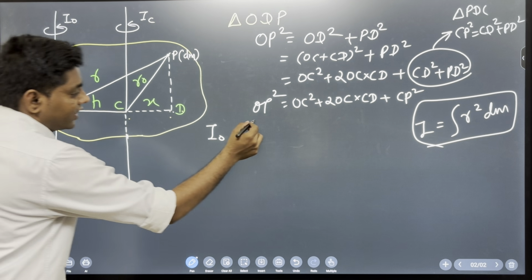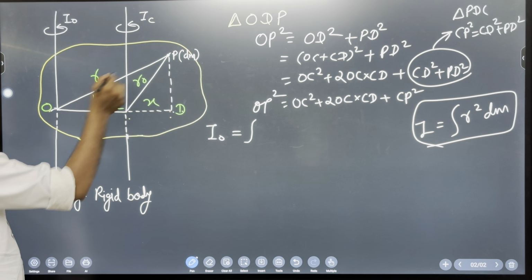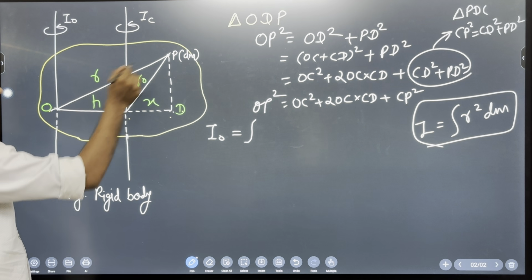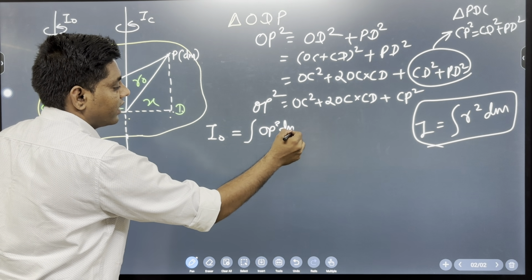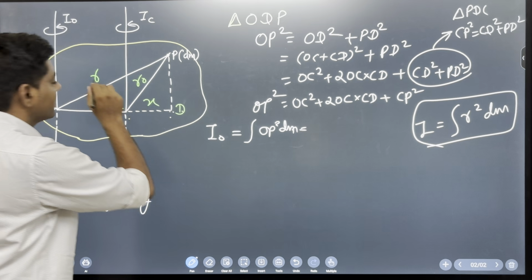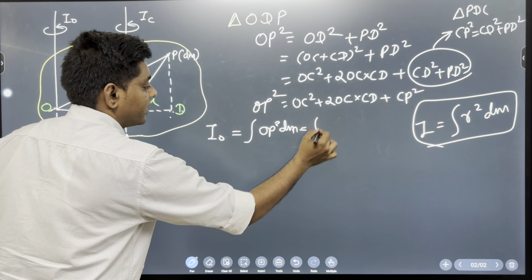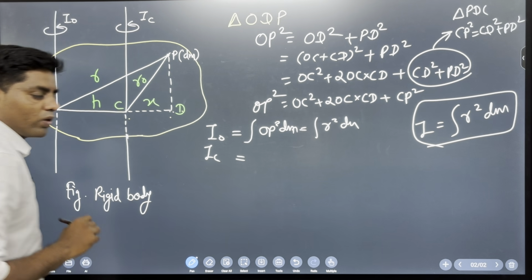So integration R square means the distance from that axis point to the mass situated at this point. So that is OP. So that is integration OP square dm, and now we let OP square be R square. Next, IC. What is IC?